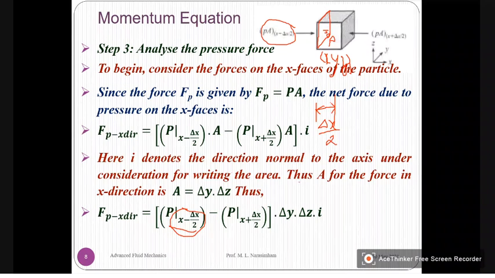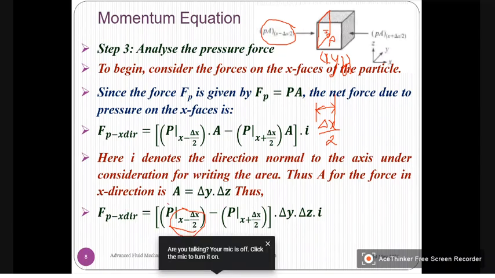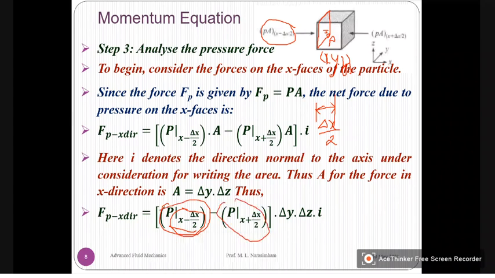So this is referred to as the x minus delta x by 2 plane. So pressure on the surface at x minus delta x by 2 minus the pressure on the surface at x plus delta x by 2, multiplied by the area.